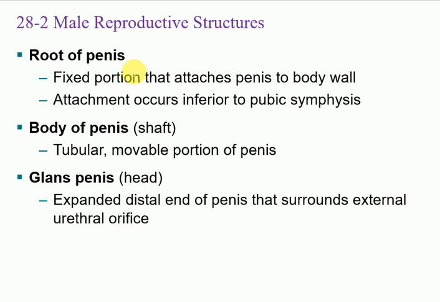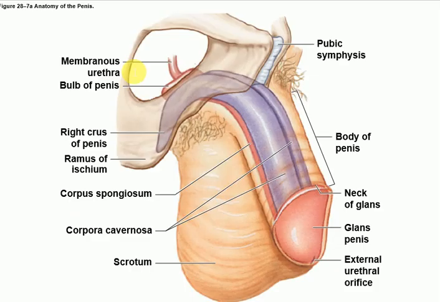So for the penis, you have a root to attach it to the body wall, and then you have the body and the glans. The glans is part of which one? The glans penis. Is that part of the spongiosum or cavernosum? Spongiosum. It's an extension from the spongiosum. So look at this. These colors are like that for a reason.